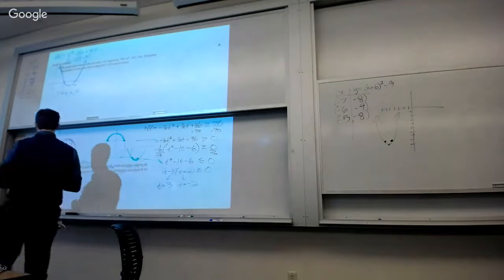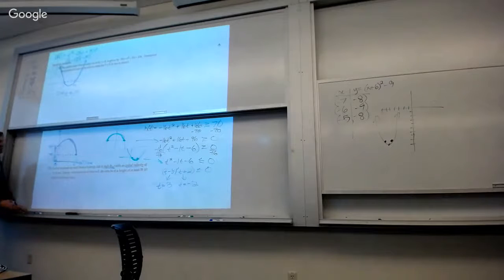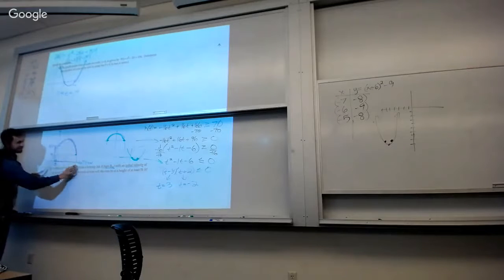Now that's weird. Time is negative 2. What does time negative 2 mean over here on our original? If the parabola continued this way, where would it hit? At negative 2.